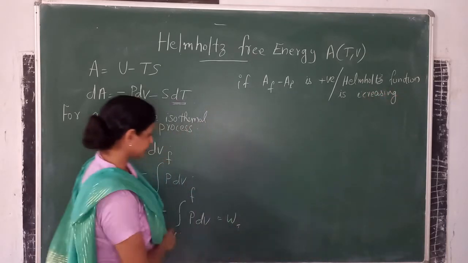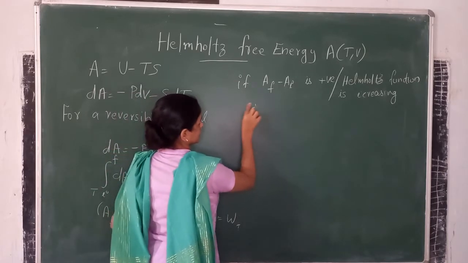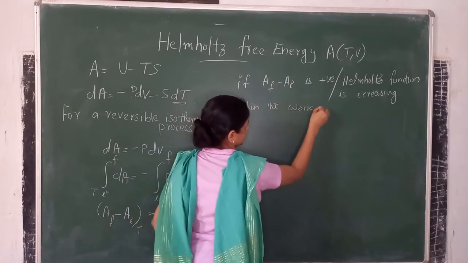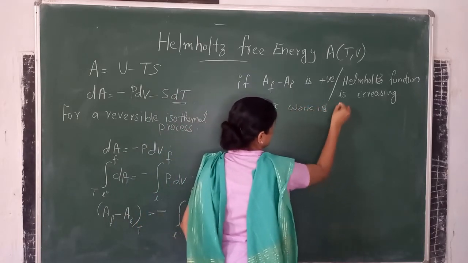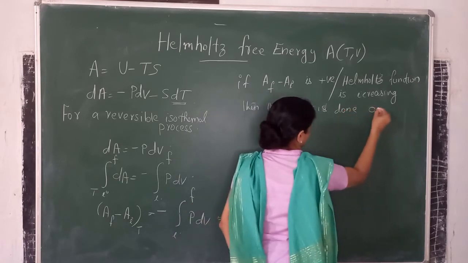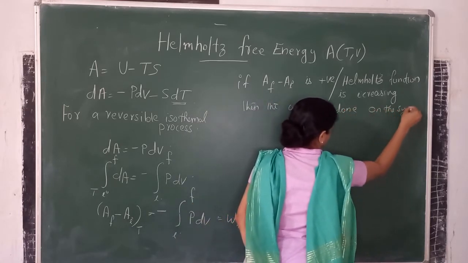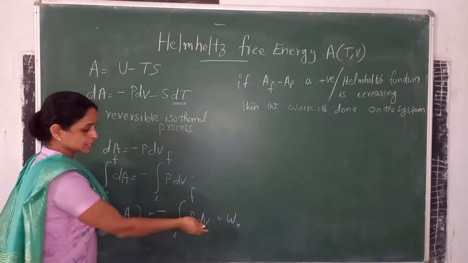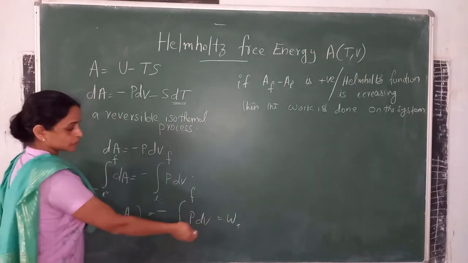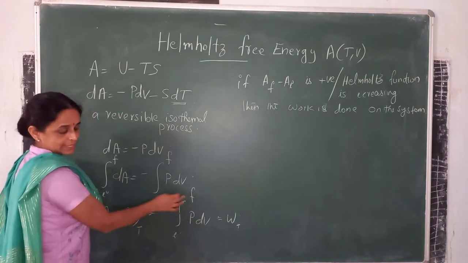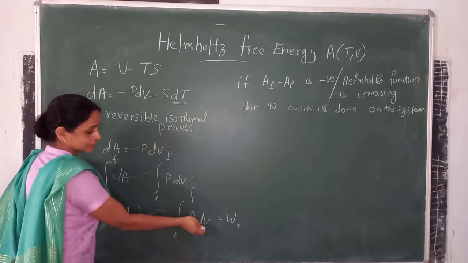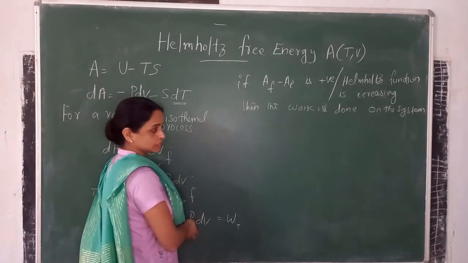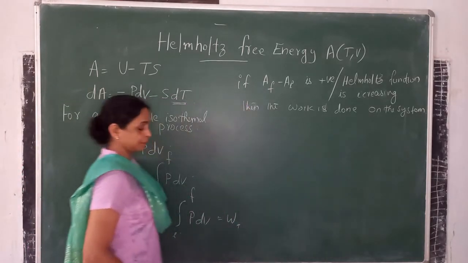If work is done on the system, its volume will decrease, so the change in volume from I to F is negative, and the work is positive.